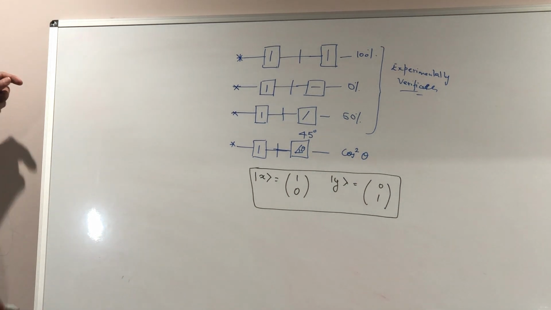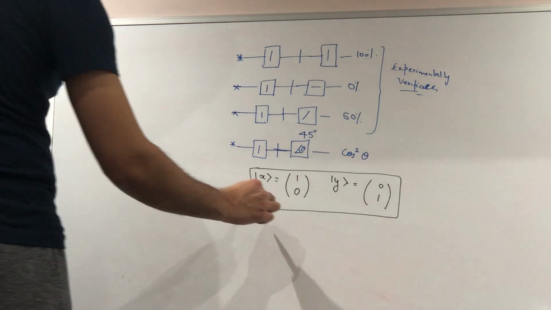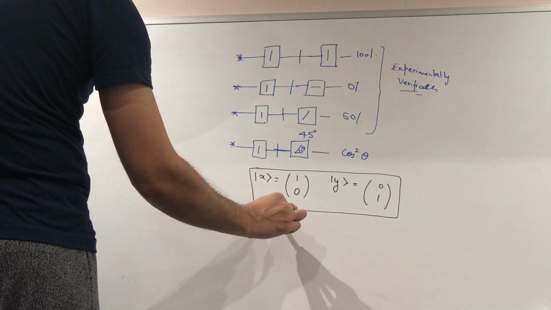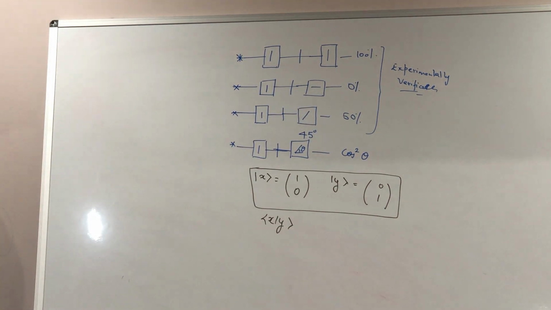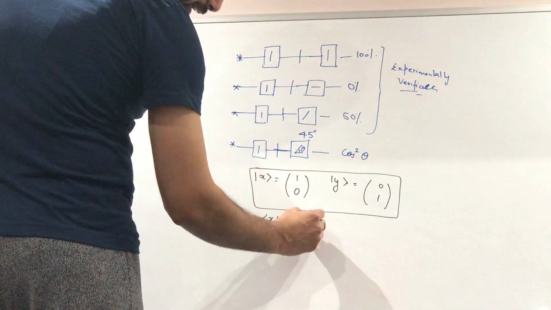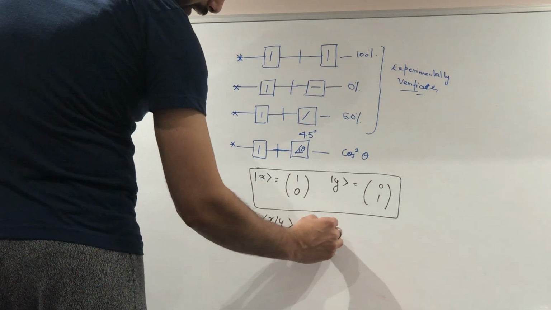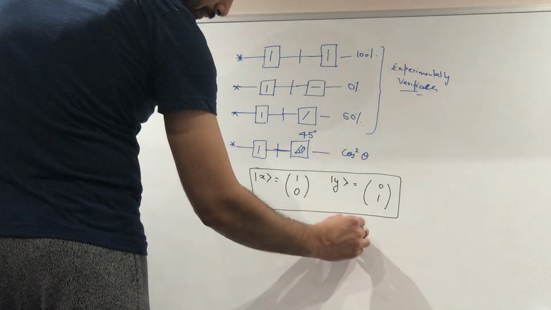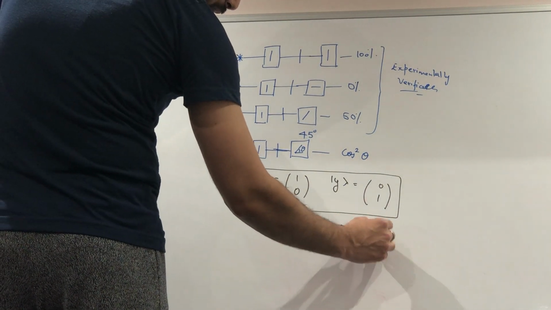Now I'll define a term in physics which we call the inner product of the two kets, that is X and Y. If you remember, that is how we calculated that. I will write X as 1 0 here, right, and Y as 0 1.